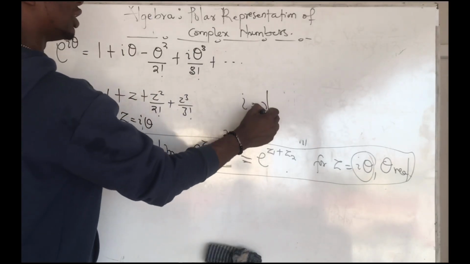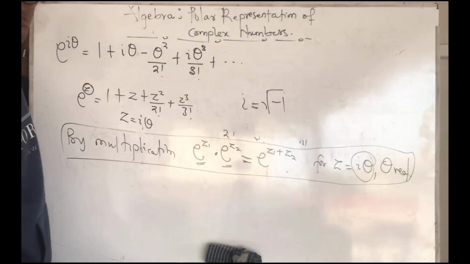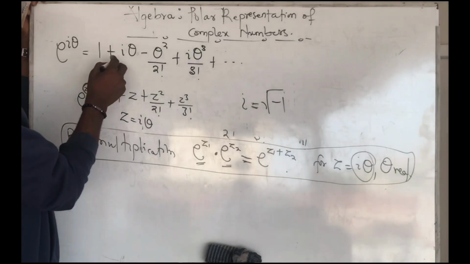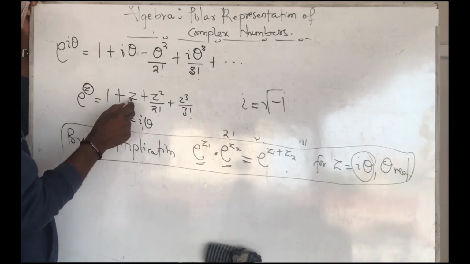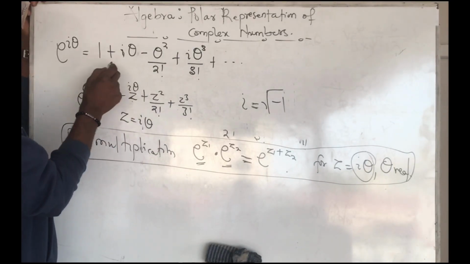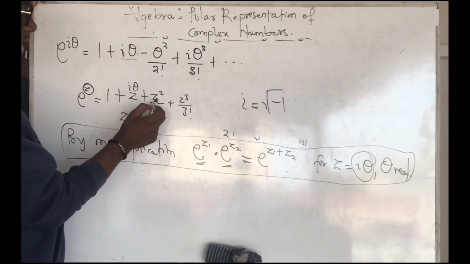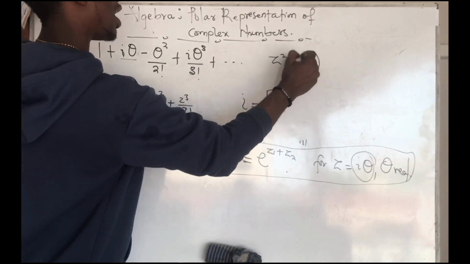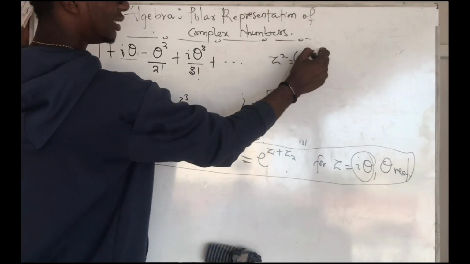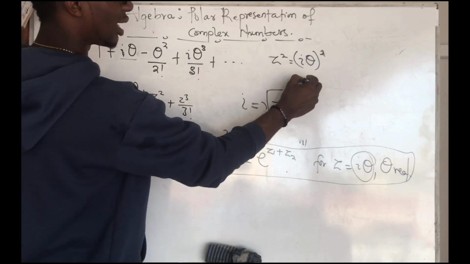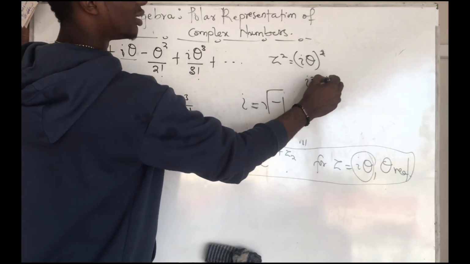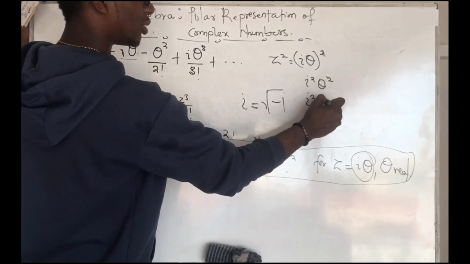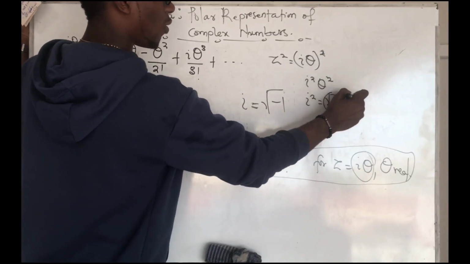Take note that i is equal to the square root of -1. So now, when you put i over here, that is z, so it becomes i theta. Now the z squared here becomes (i theta) all squared. So when you multiply this, you get i squared theta squared, and i squared is the same as the root of -1 squared.